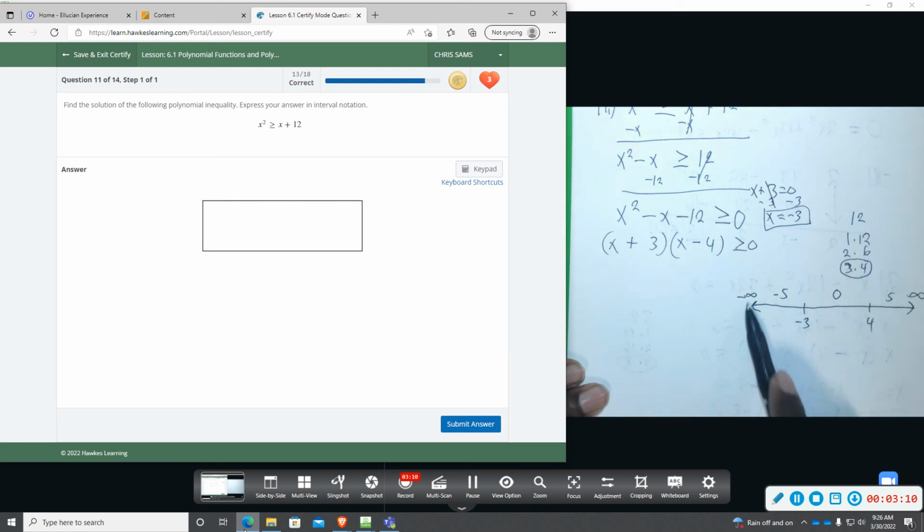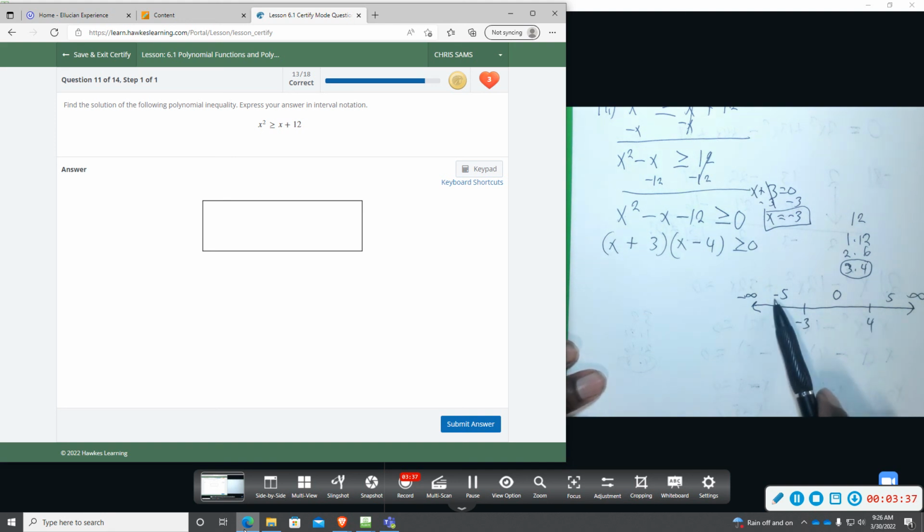Now, it doesn't matter what number you pick in here, but the smaller the better. All the numbers are going to do the same thing. So that's why we pick what we call critical points, because it tells us where it possibly changes and does something different. Sometimes it does the same, but whatever number you pick is going to be the same for all numbers in this interval, same for all numbers in this interval, and the same for all numbers in this interval.